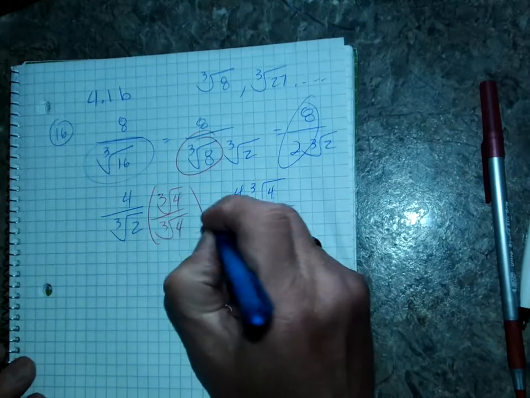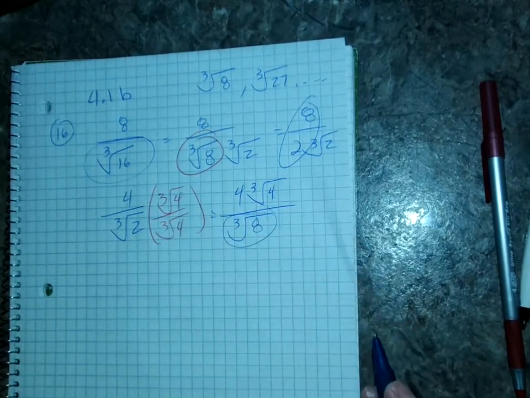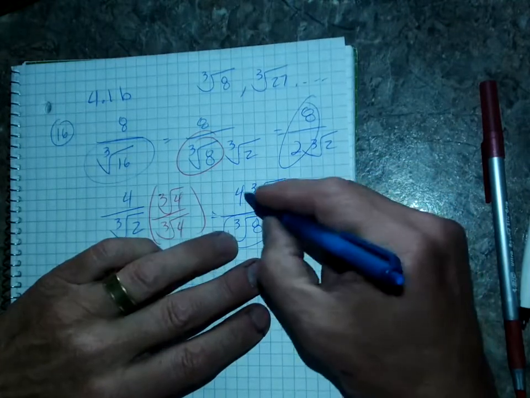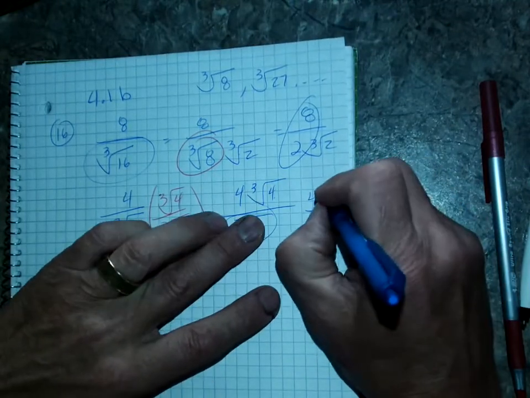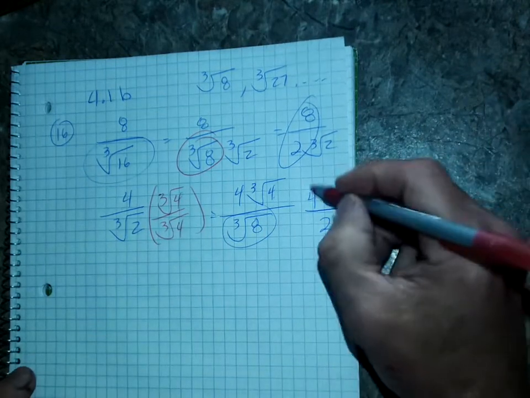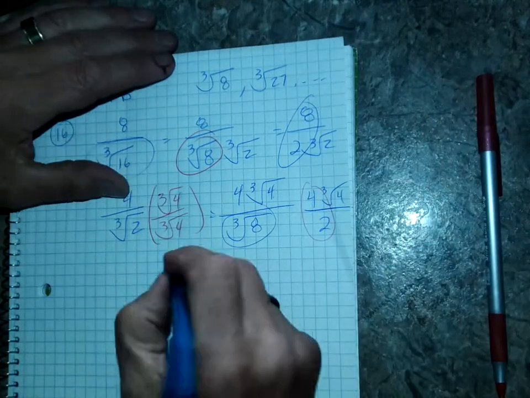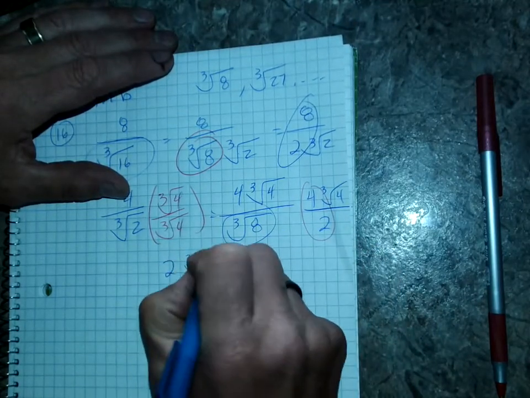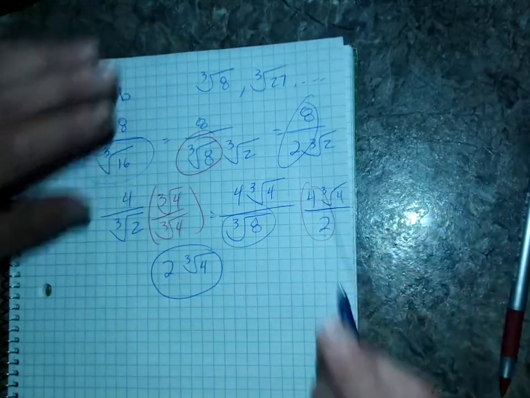Now, the whole point we did this is because the cube root of 8 is 2. So that becomes just a 2, and I still have 4 times the cube root of 4. 4 divided by 2 is 2, so I'm going to get plain old 2 times the cube root of 4, because I divided 4 by 2, whole number divided by whole number.